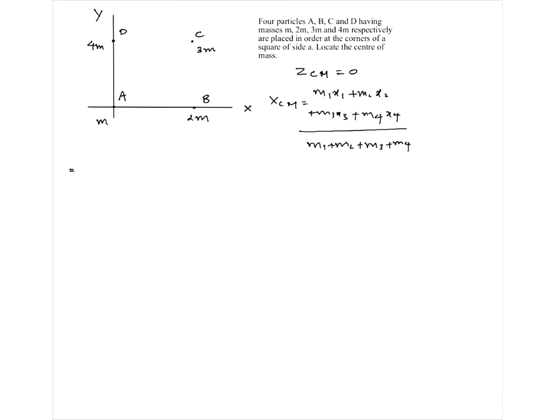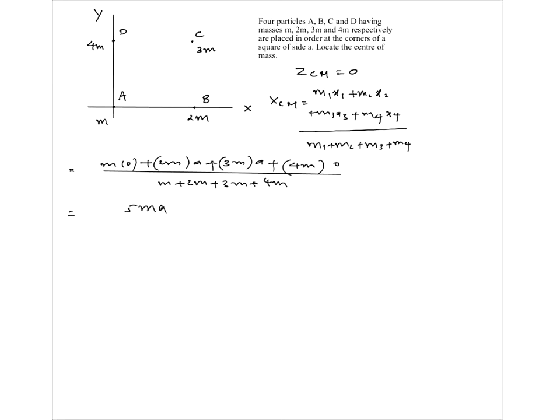Let's call M1 as M into 0, 2M into A, 3M into A, 4M into 0, divided by M plus 2M plus 3M plus 4M, that is 5MA upon 10M, that is A by 2.